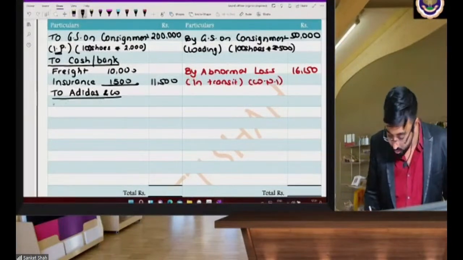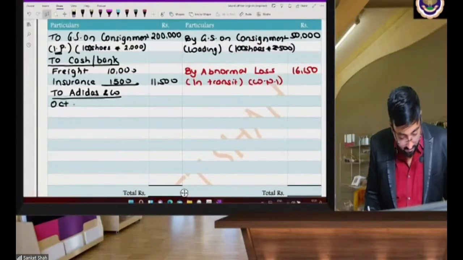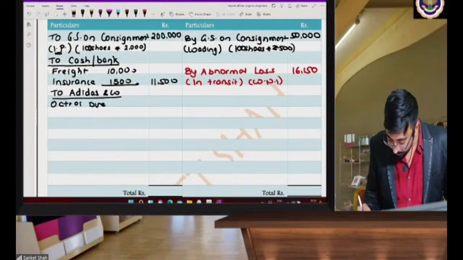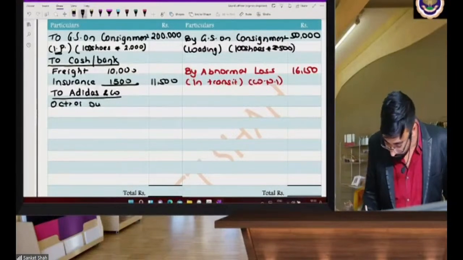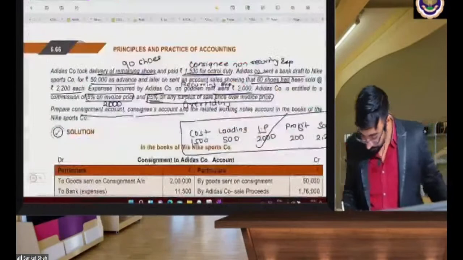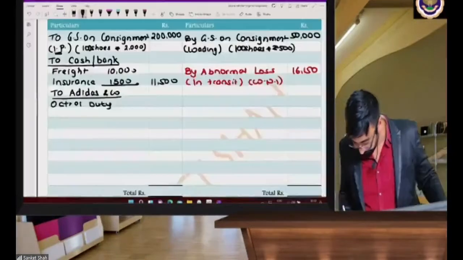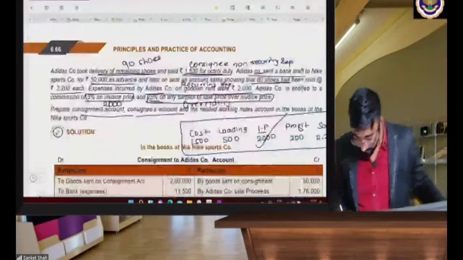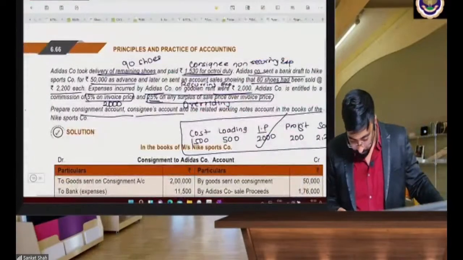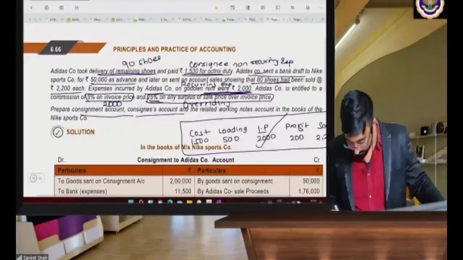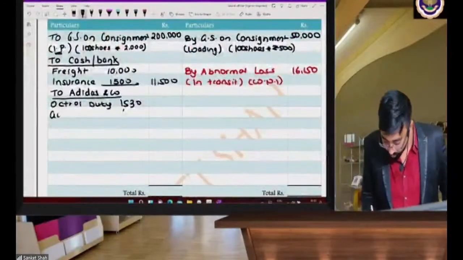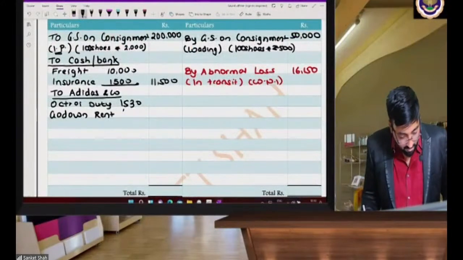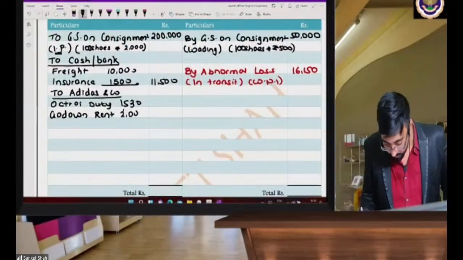What you are going to incur? This is inner side, octroi duty. What is the octroi duty? One time 1530 inner side. And other expenses, godown rent. So this is also he is going to incur, godown rent. How much? 2,000.